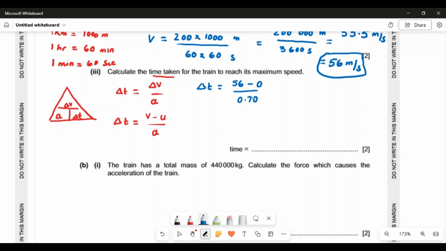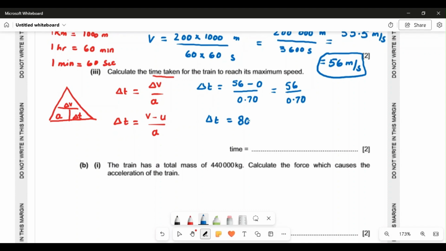So I can just simply say 56 minus 0 is 56 divided by 0.70, and it comes to 80. Delta T is equal to 80.